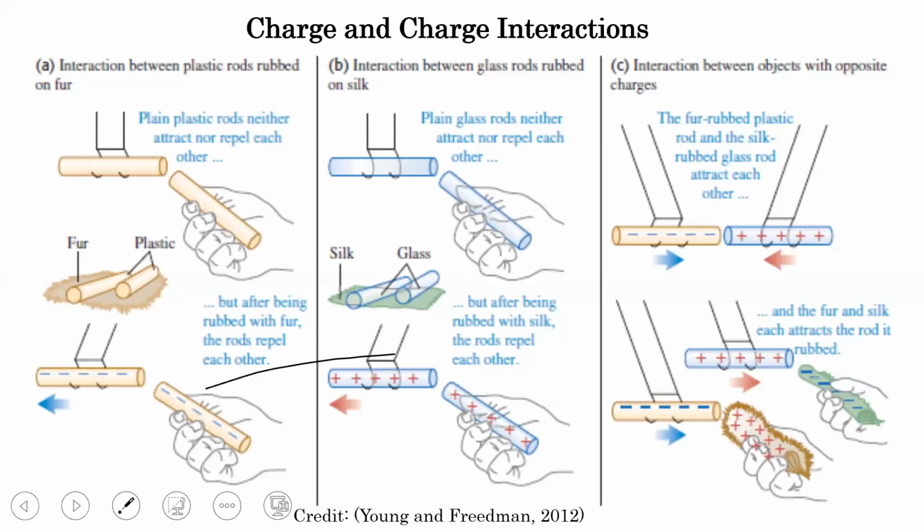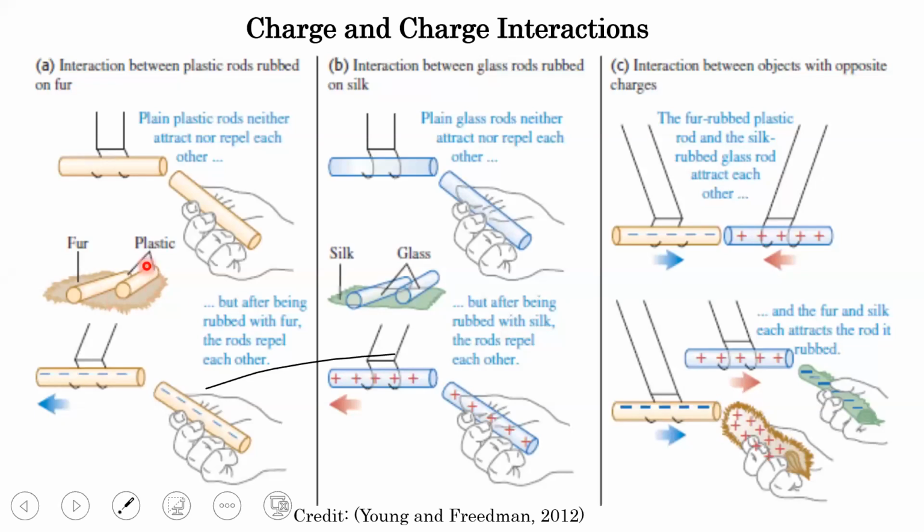But now when you take wool and use it to rub the two plastic rods, the wool is going to transfer electrons from itself to the plastic rods. Because you are rubbing it, some electrons will be transferred from the wool to the plastic rod.